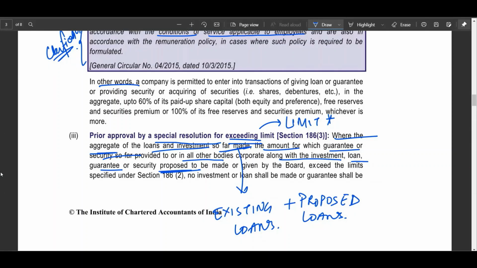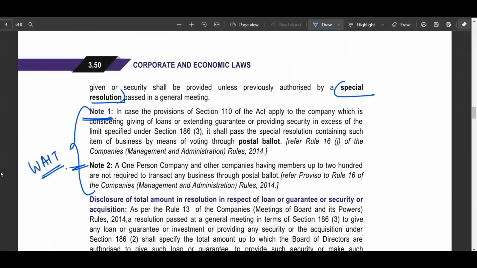All right. So if this exceeds the limit, then no investment or loan shall be made or guarantee shall be provided unless previously authorized by a special resolution. So special resolution will be required. Now let's understand what the limit is.